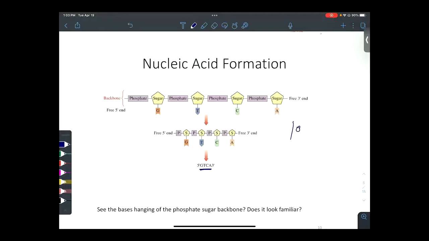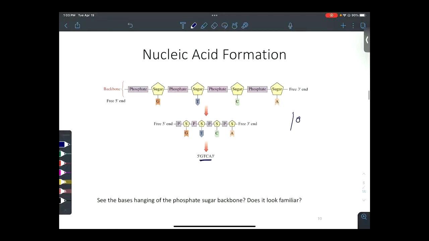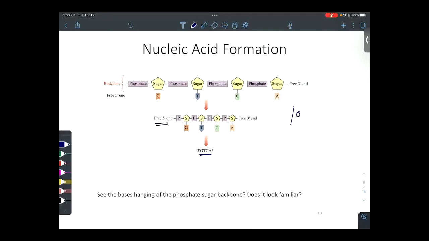So typically how we read nucleic acids is we always start from the free 5-carbon end off of the phosphate sugar backbone and read towards the 3-carbon end. And so that hopefully sounds analogous to when we did amino acids, and we typically read from the N terminus to the C terminus. So it's the same idea, but this time we're reading 5 to 3.